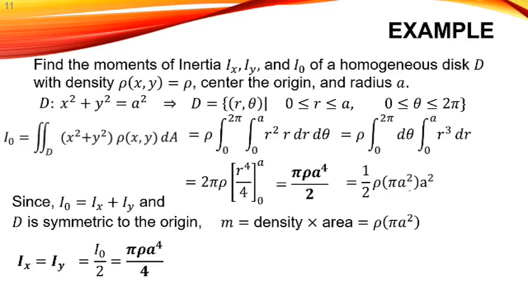So this would be equal to the mass. So we have 1/2 m a squared, which is one of the formulas for finding the moment of inertia about the origin or center of the circle. So I sub 0 is 1/2 m a squared.